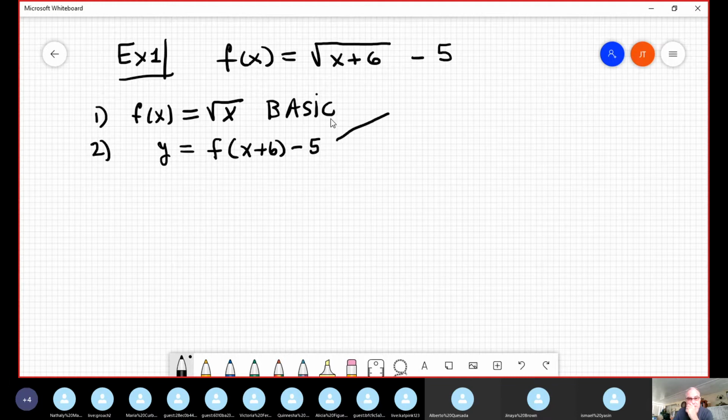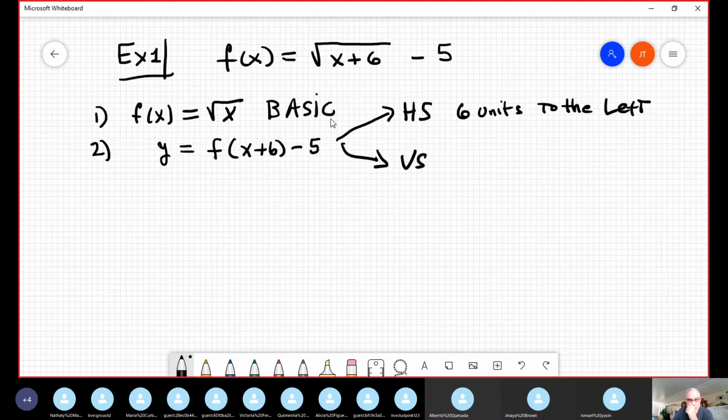The first transformation is a horizontal shift 6 units to the left. And we have a vertical shift 5 units down because it's negative. So you are doing it by hand.